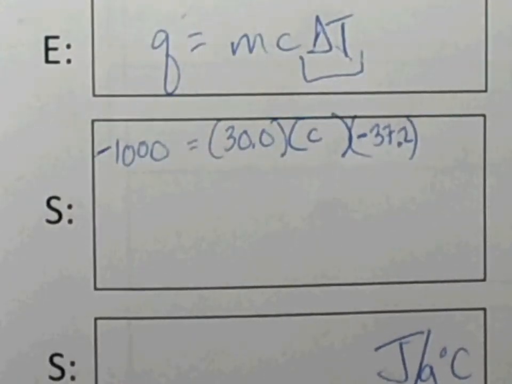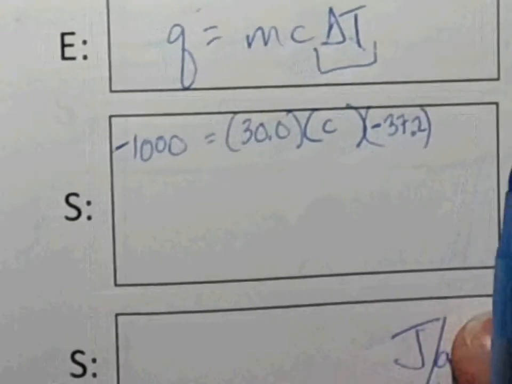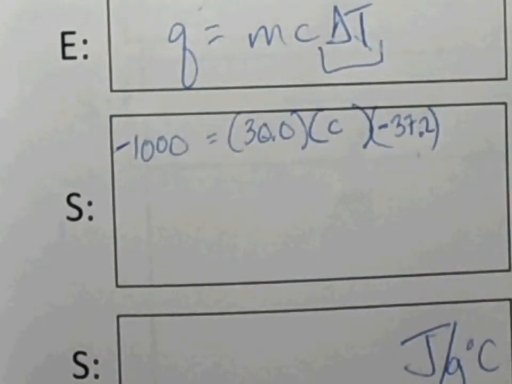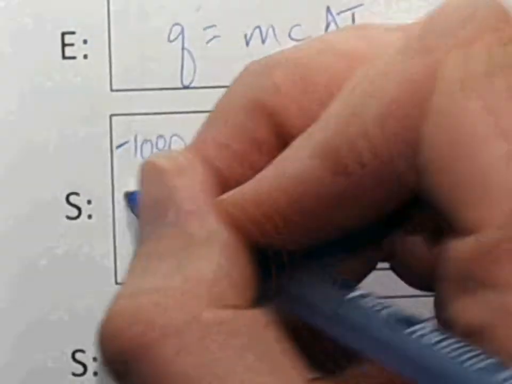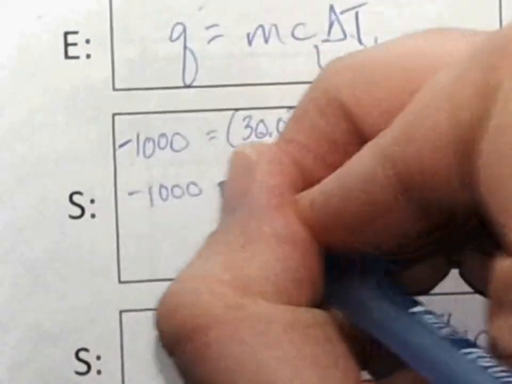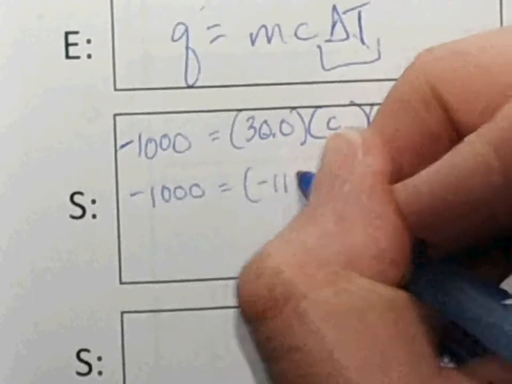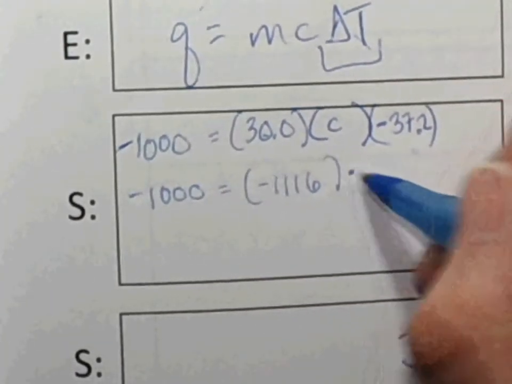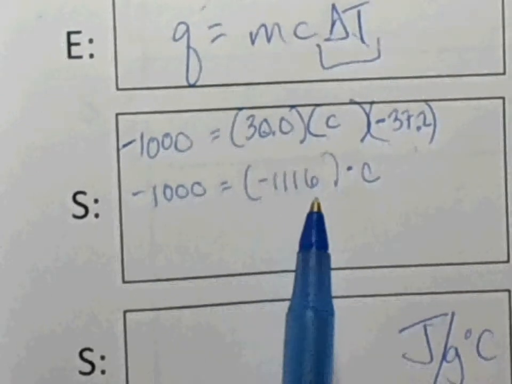Okay, to solve this, the first thing we want to do is combine our like terms. So we can do 30 times negative 37.2 on the right side. That's negative 1,116. That is still going to be times C, specific heat.